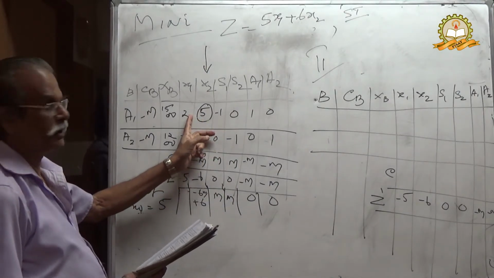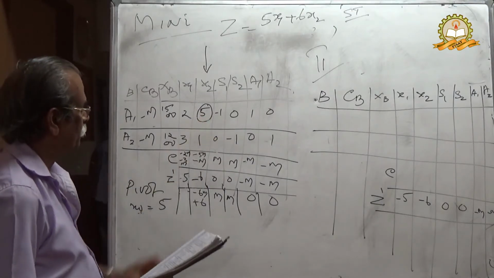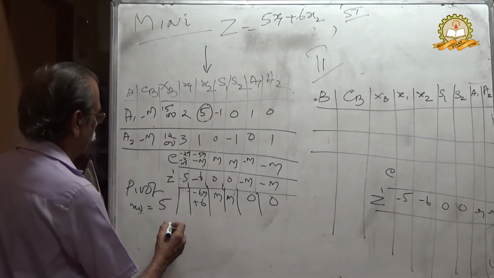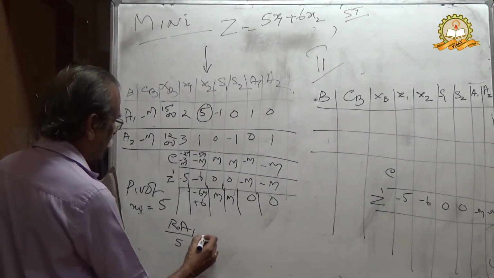Therefore, dividing row A1 by 5, you get the new row R1.